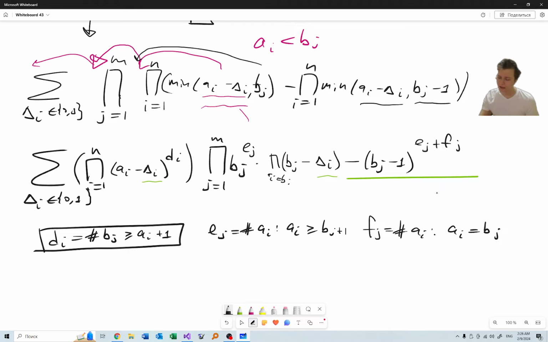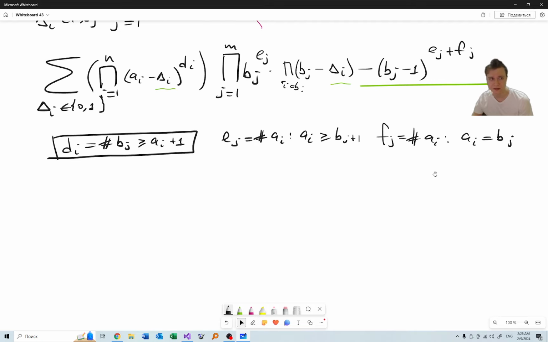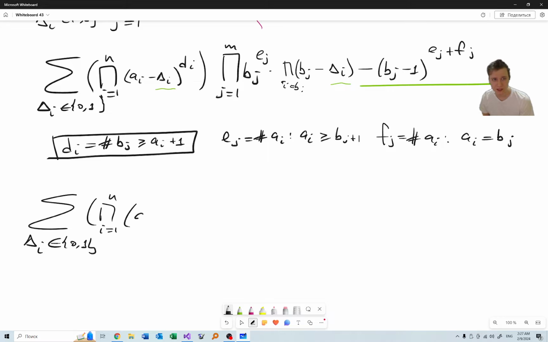Okay, again, let's simplify it a bit. So here I have the product for i equals 1 to n of (a_i minus delta_i) to the power d_i.